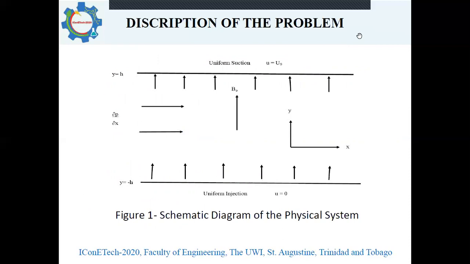The fluid which flows between the 2 plates is influenced by an oscillating pressure gradient, del P del X, in the X direction. At t equal to 0, a uniform suction from above and injection from below are applied. Also, a uniform applied constant magnetic field, B0, is applied to the whole system.